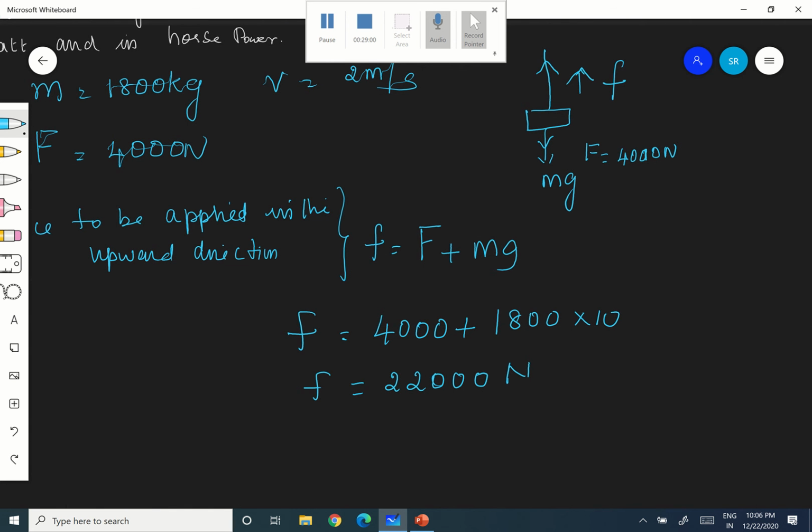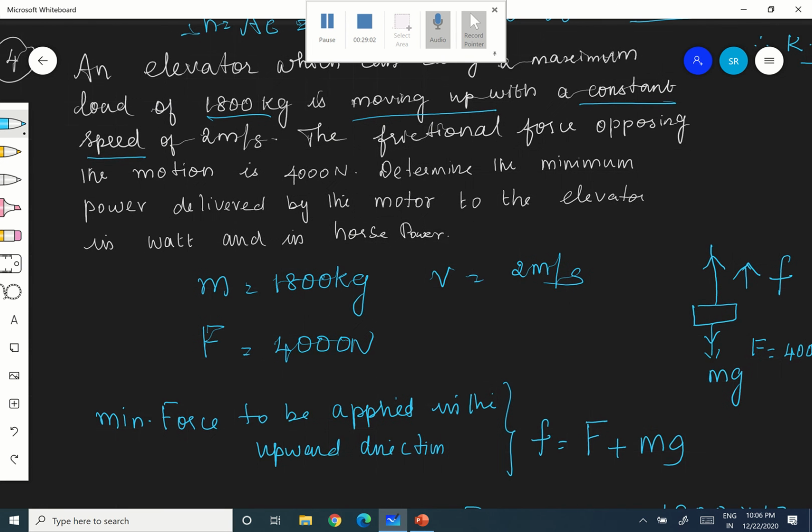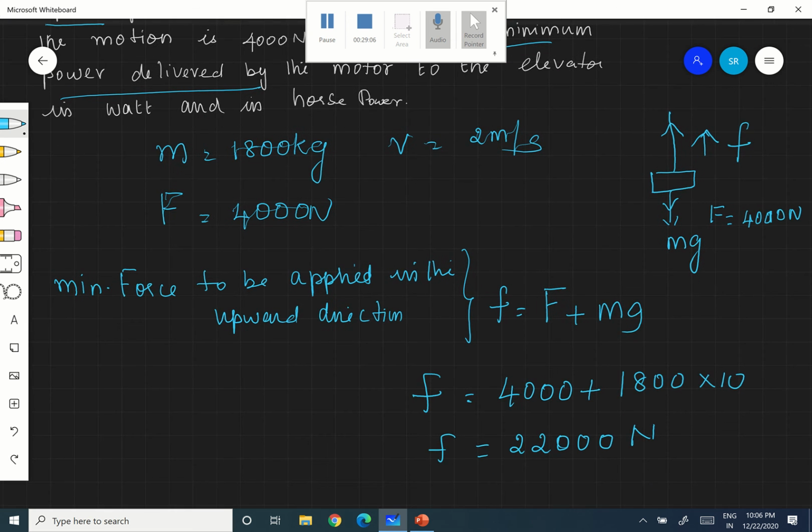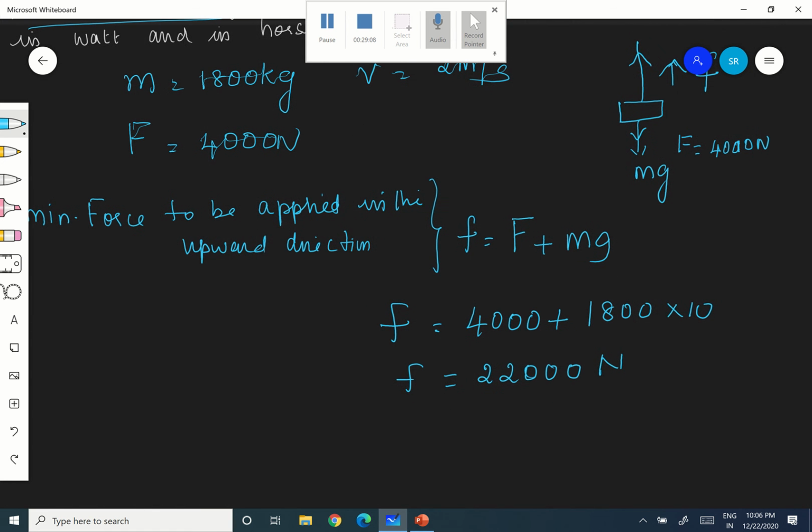Now, knowing the force, we'll determine the minimum power delivered by the motor. So the force which has to be applied in the upward direction is this. Therefore, what should be the power?